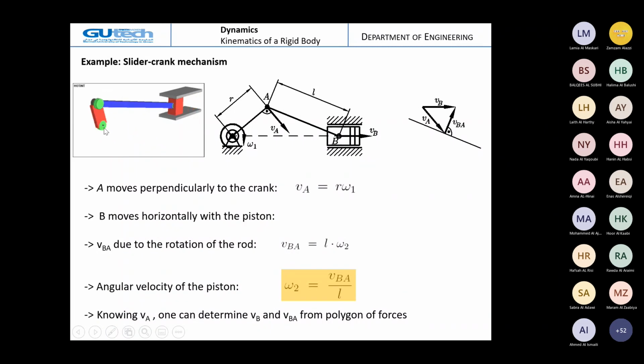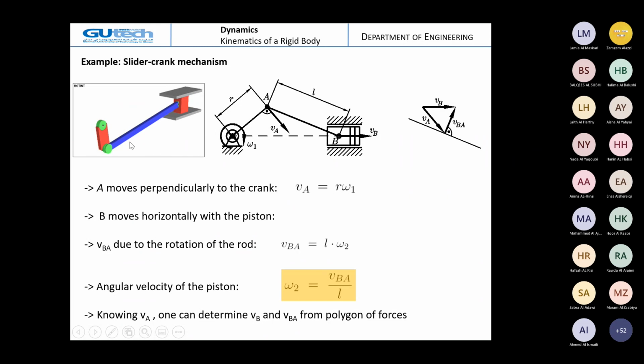We have this point A, it's fixed. The red bar or arm is rotating with a certain velocity, omega 1.